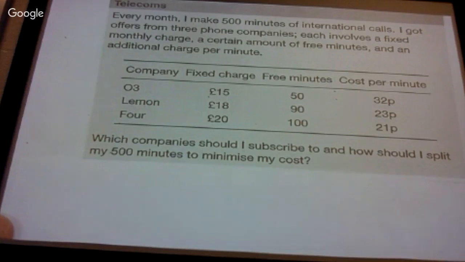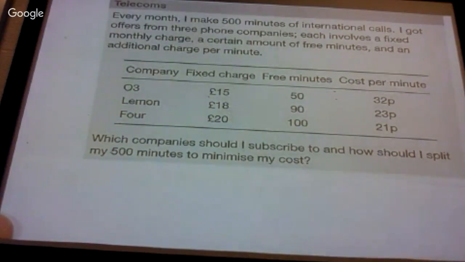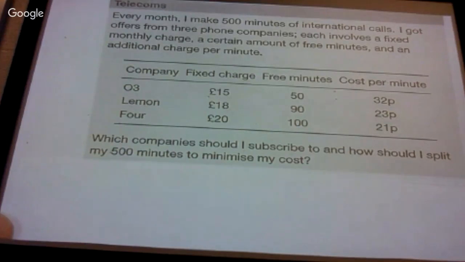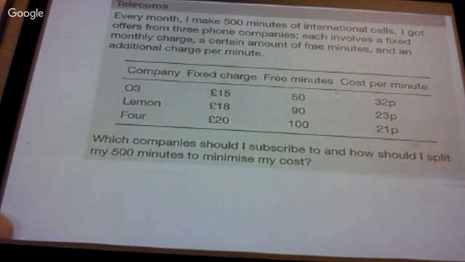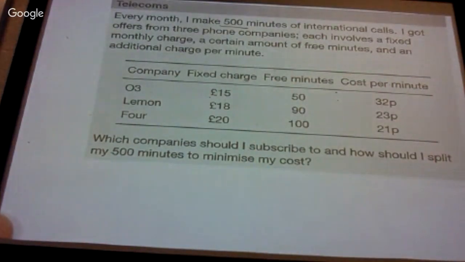Okay, what I'm looking for is, I've got 3 different telecom companies that I can choose from. I can take a subscription from 1 of them, 2 of them, or 3 of them. If I take a subscription, I will be paying this fixed amount per month, but I'll get some free minutes with it. And then any additional minute that I take with them is going to cost me 32 pence or 23 pence or 21. And what I have is I want to make 500 minutes of calls. I'm trying to find the cheapest solution possible.